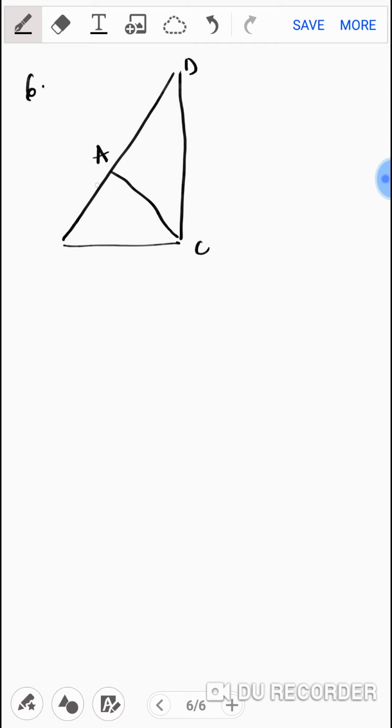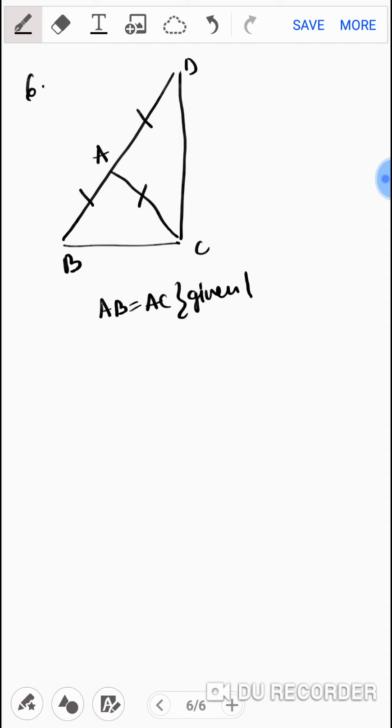Problem number 6. It says ABC is an isosceles triangle. So AB is equal to AC, given.